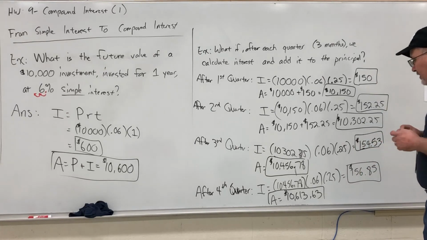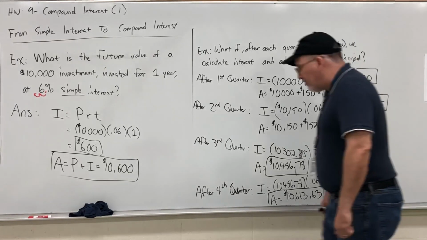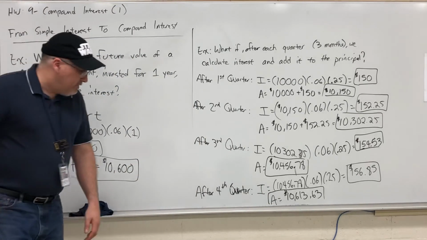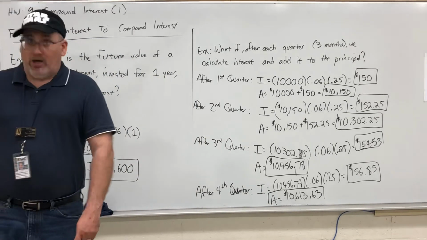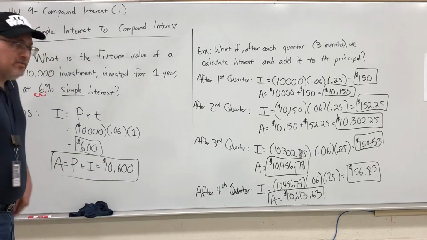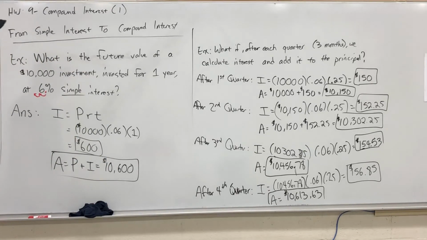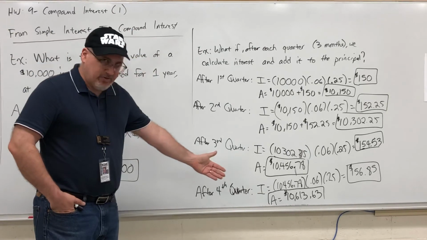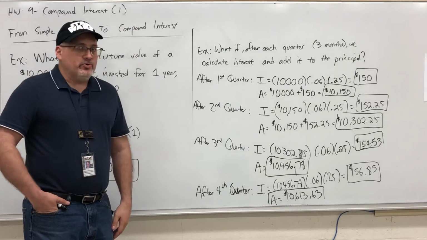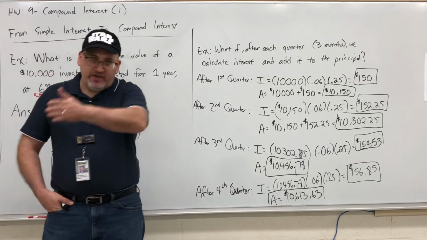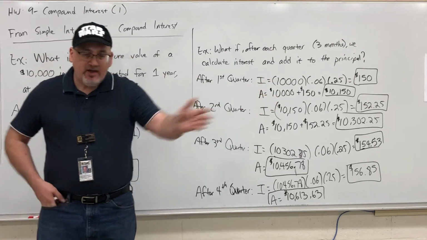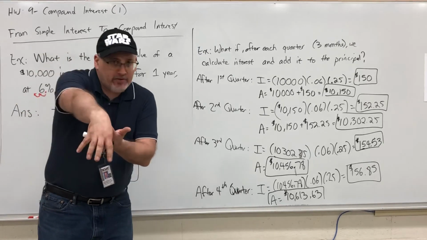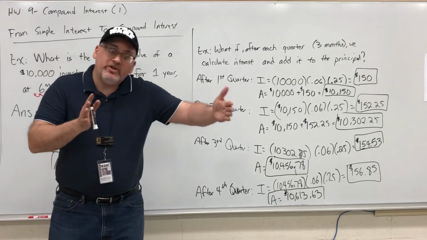And you might be thinking, it's only $13, and you would be correct. But if instead of 10,000 it were 10 million, now we're talking about $13,000. That's nice, even if you have a million. So what we just did over here is called compound interest. Compound interest is where you pause between the beginning and the end of an investment, calculate the interest you've earned at that point, add it onto the principal, and then resume the investment.